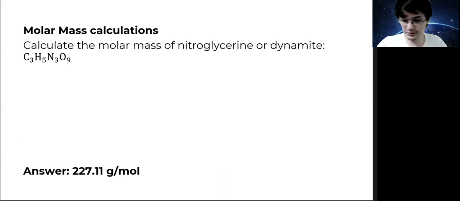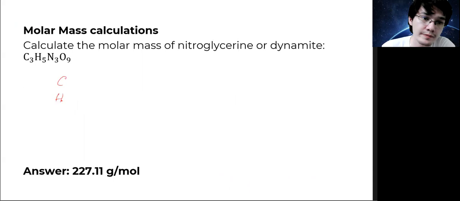So for our first problem, we are asked to calculate the molar mass of nitroglycerine, or its common name, dynamite. So first, we use the subscripts to calculate the molar mass of compounds.